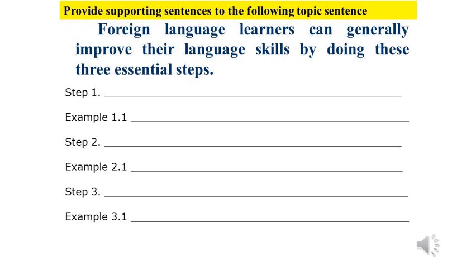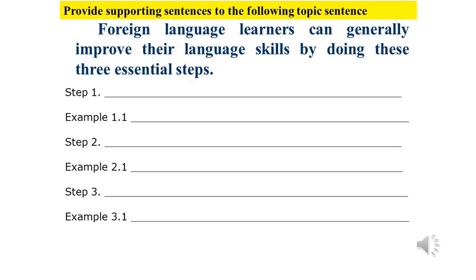In step 1, we can say they can practice speaking in the foreign language. This is step 1. Example to illustrate this step: they can speak with their classmates and native speakers. Okay, let's move to the second step. We can say they can listen extensively in the foreign language.